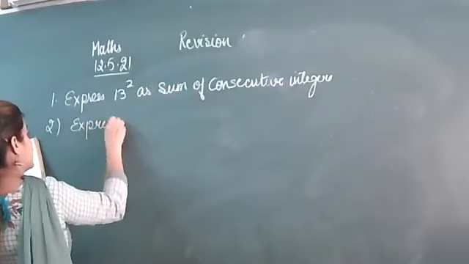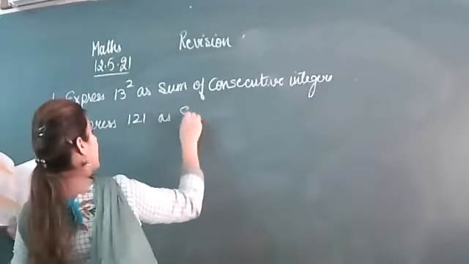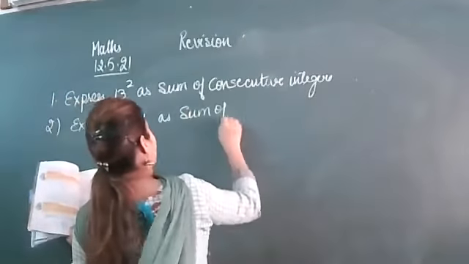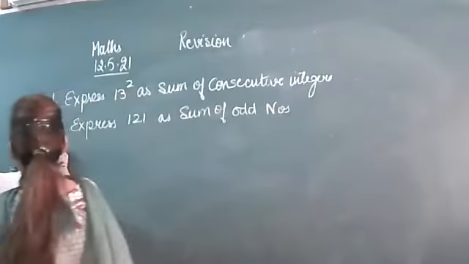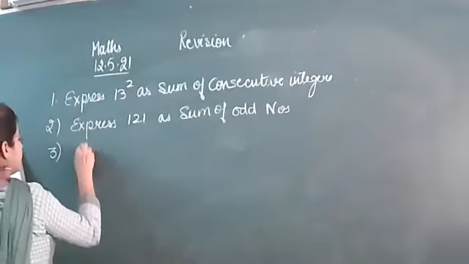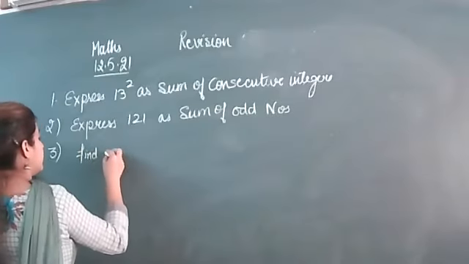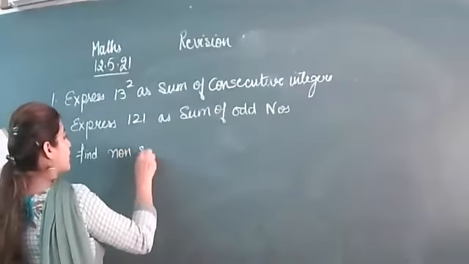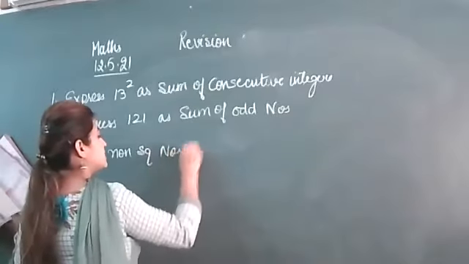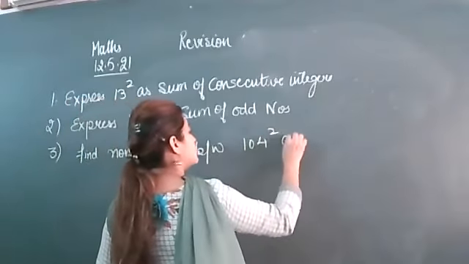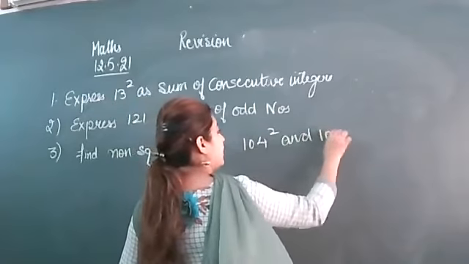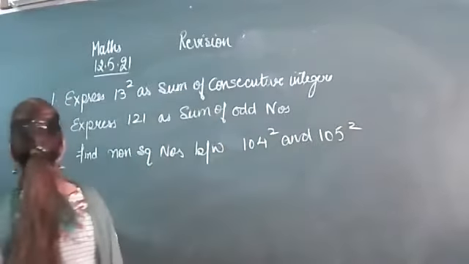Express 121 as sum of odd numbers. Find non-square numbers between 104 square and 105 square.